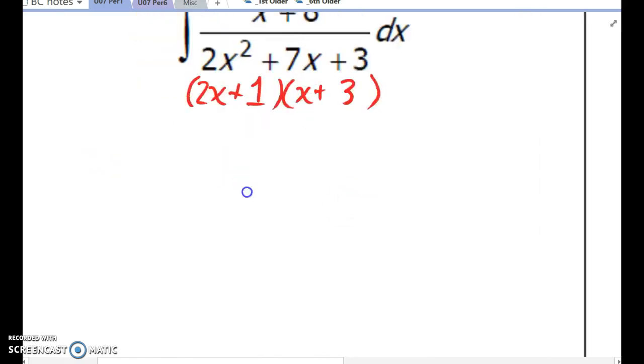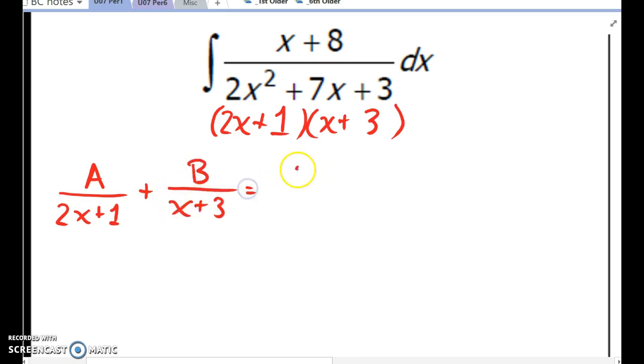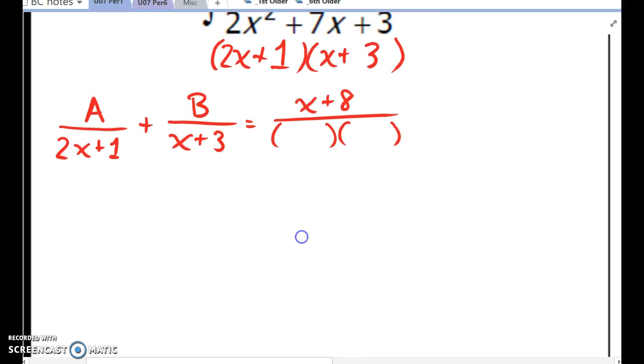So I need some constant over 2x plus 1 plus some other constant over x plus 3 to equal our original expression with those two factors as its denominator.